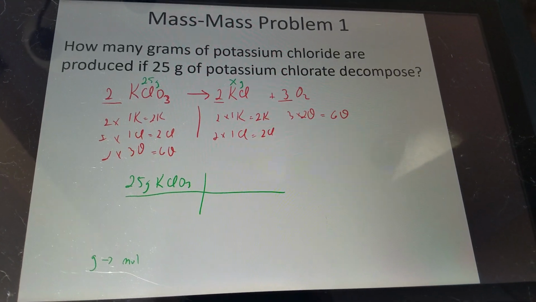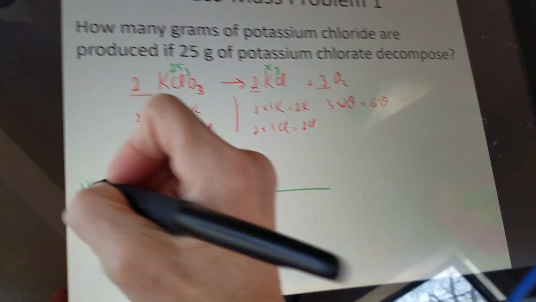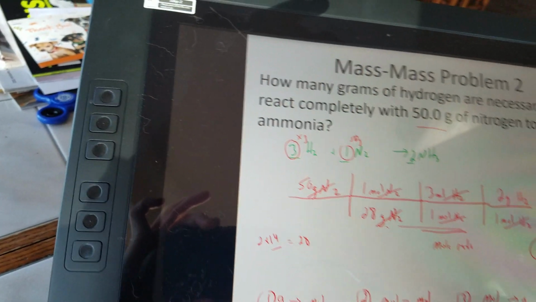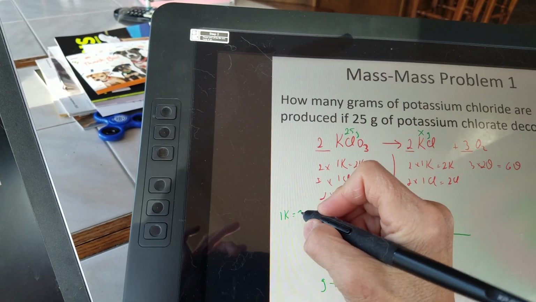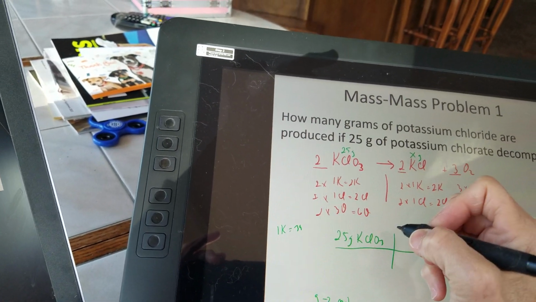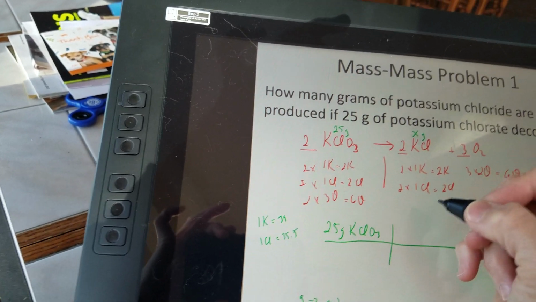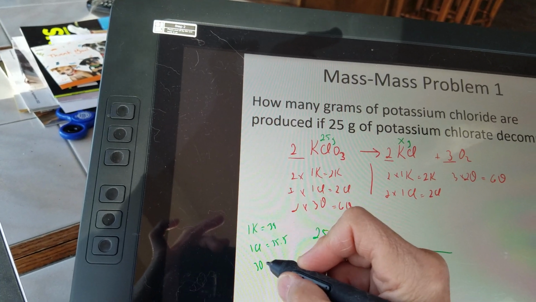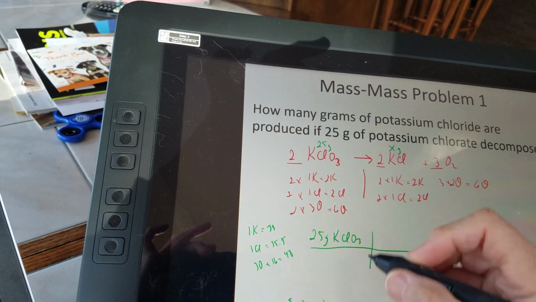So to do that, remember, you've got to find your gram formula mass. For potassium, it's 39 times 1. For chlorine, it's 35.5, again times 1. And for oxygen, it's going to be 16 times the 3, which would be the 48.